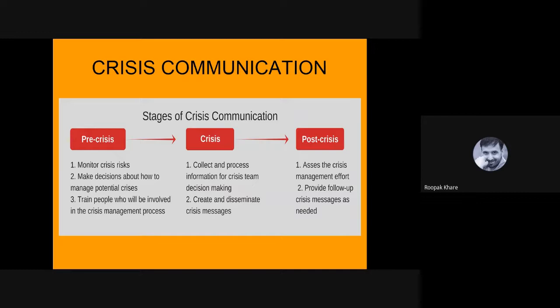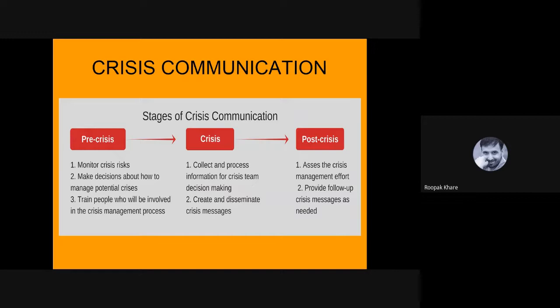Crisis training, collect and process information for crisis team decision making. So in places where problems have already risen, and a disaster is taking place, how you communicate in these circumstances is the crisis communication. When the thing is happening, create and disseminate crisis messages.